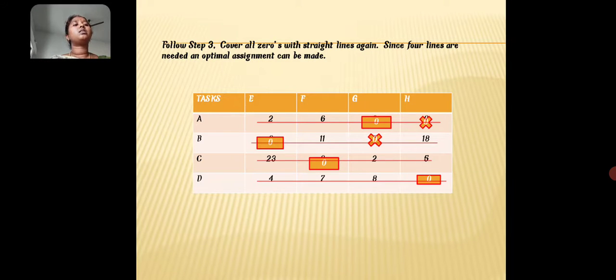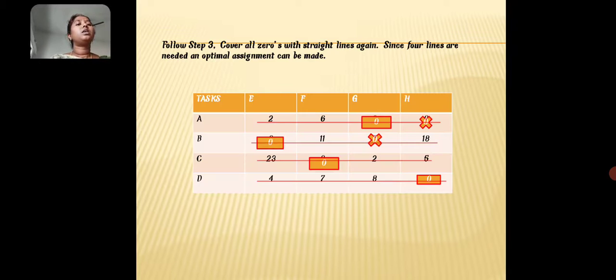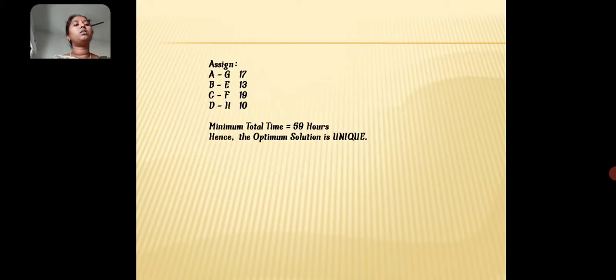Now we assign only one job to one worker. So job A is assigned to worker G, job B is assigned to worker E, job C is assigned to worker F, and job D is assigned to worker H. Now we take the working hours from the original table.